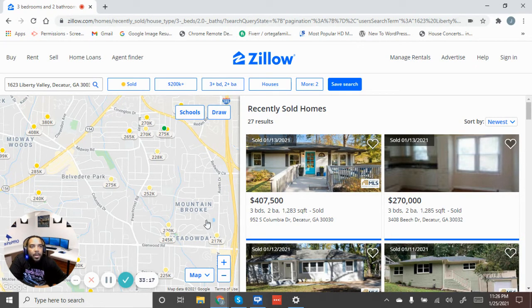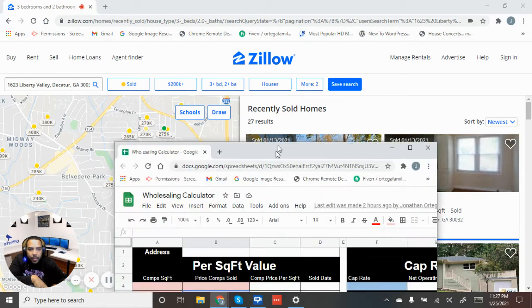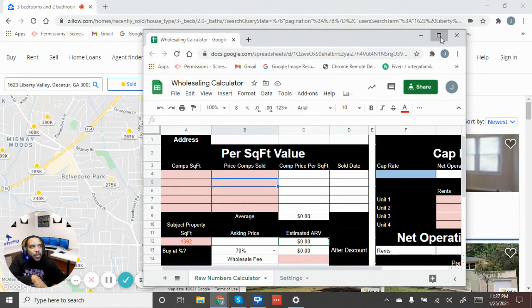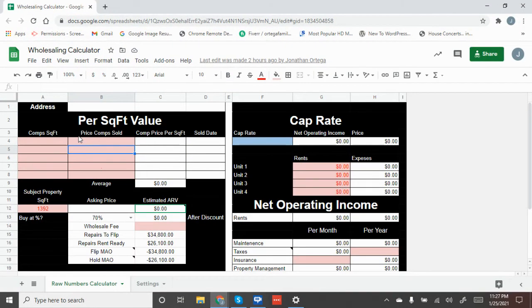So let's go to our next step. Let's say, for example, we are going to be using these three properties right here, just for the sake of the video. What we're going to do is use this wholesaling calculator that you can get. The link is below. You can get this calculator completely for free. It does the calculation for you.